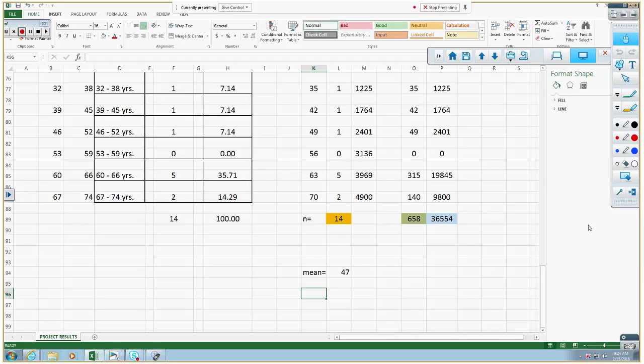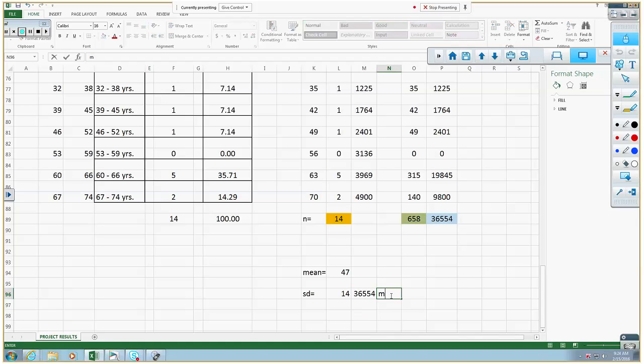Anyway, standard deviation is equal to, well, we got to do a whole lot. So what we're going to do is take n and put it right here. And what we're going to multiply n by? Okay, the sum of f times x squared, which is what number? This one right here.